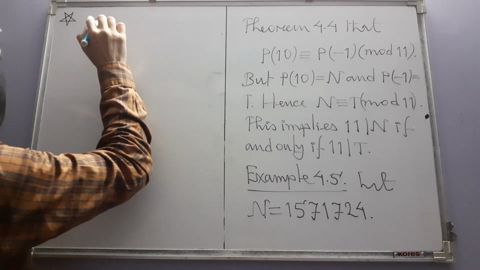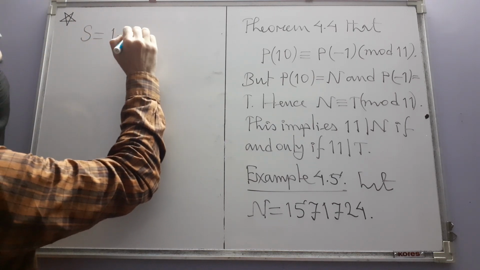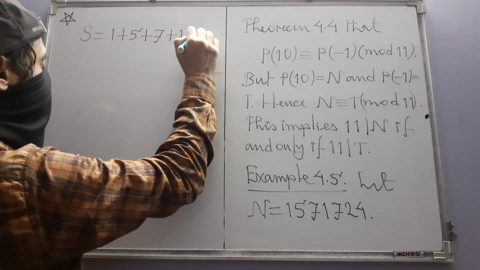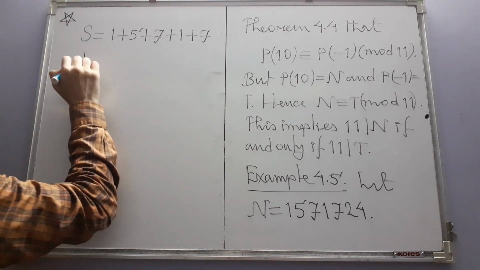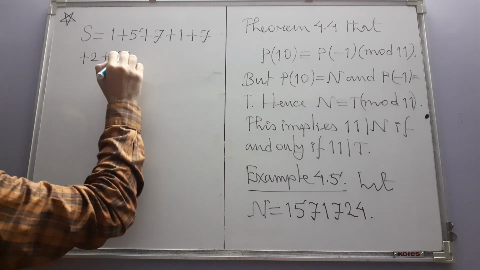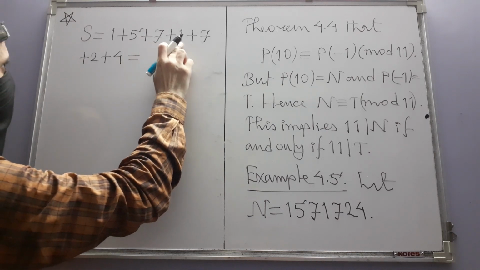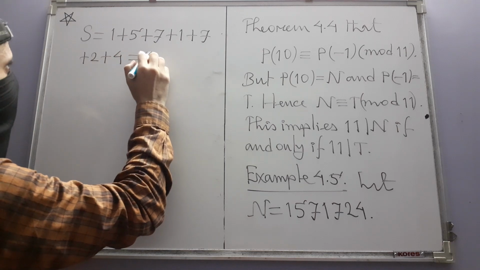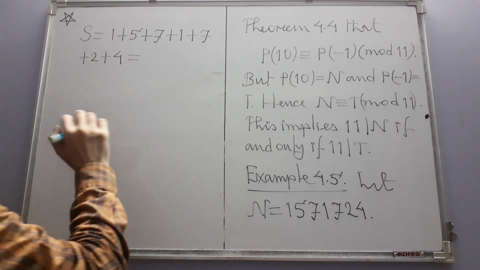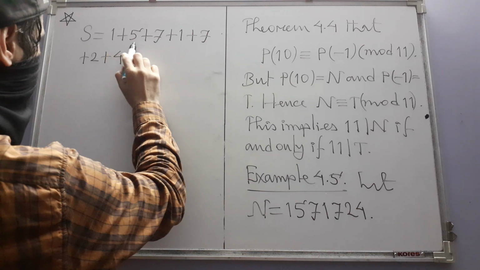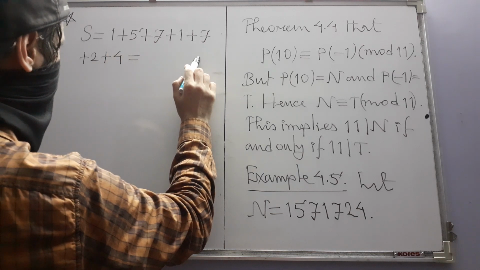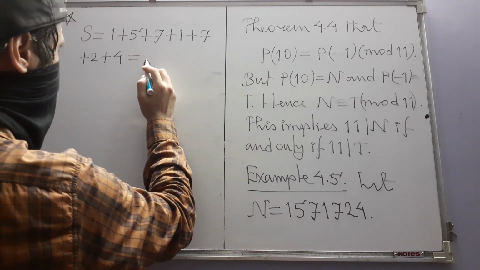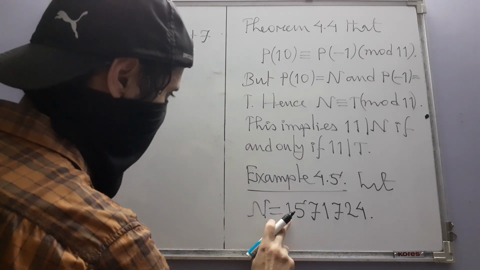So what will S be? S is going to be 1 plus 5 plus 7 plus 1 plus 7 plus 2 plus 4. So how much will it be? I think I messed up. Let me just try once more. No, something is not correct.